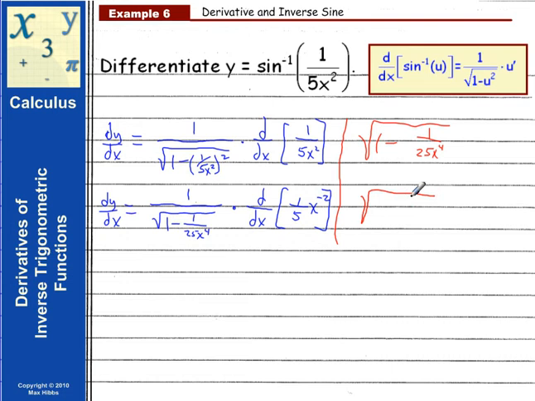So I have 25x to the fourth divided by 25x to the fourth minus 1 over 25x to the fourth. And so you see I've got a common denominator, and I can actually add those two fractions together. So we'll have a square root of, the numerator will be 25x to the fourth minus 1.